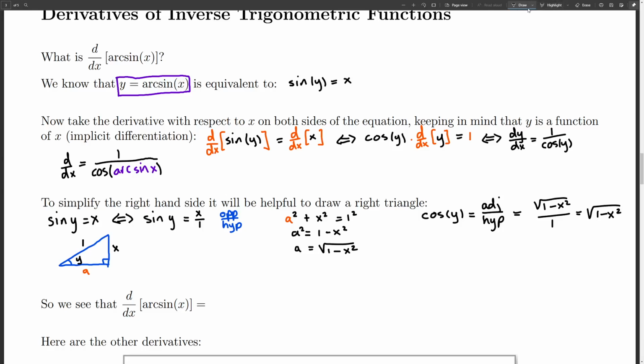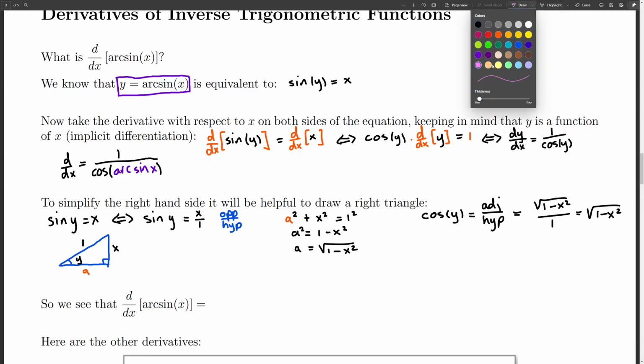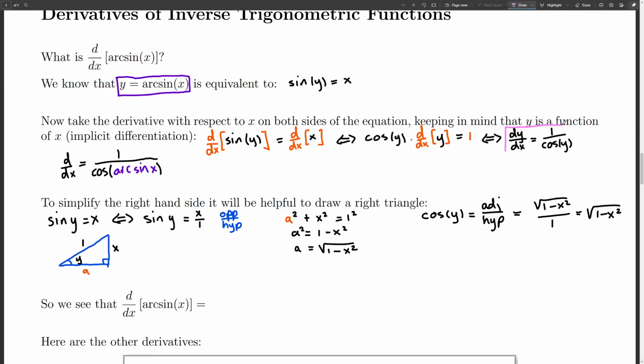So let me highlight that here. I see that dy/dx is 1 over cosine y, and I also know that cosine of y is the square root of 1 minus x squared.